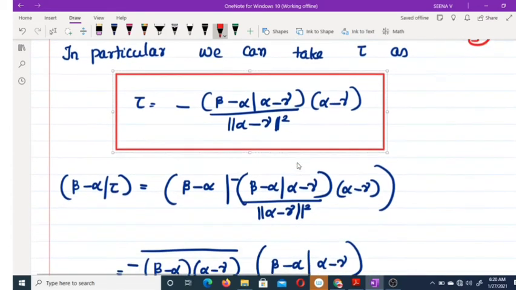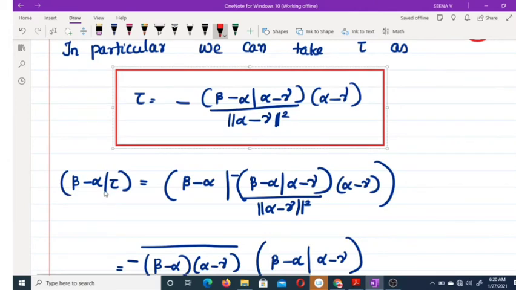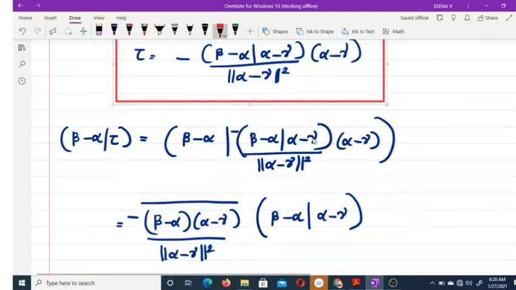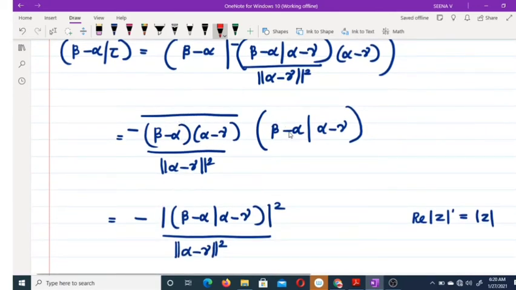Clear? Now, what is the inner product of beta minus alpha and tau? Inner product of beta minus alpha and this one, and this is a scalar quantity, and you can take this outside, and this is in the second part, therefore there will be a conjugate. Finally we get the inner product of beta minus alpha and alpha minus gamma. If you look at these two terms, these are the same.